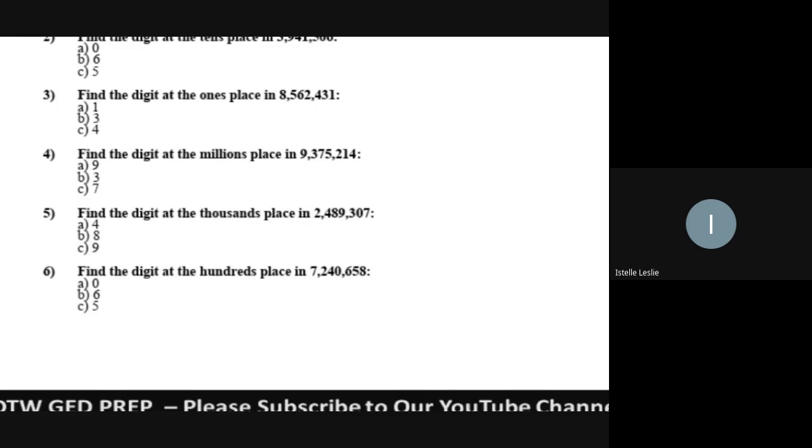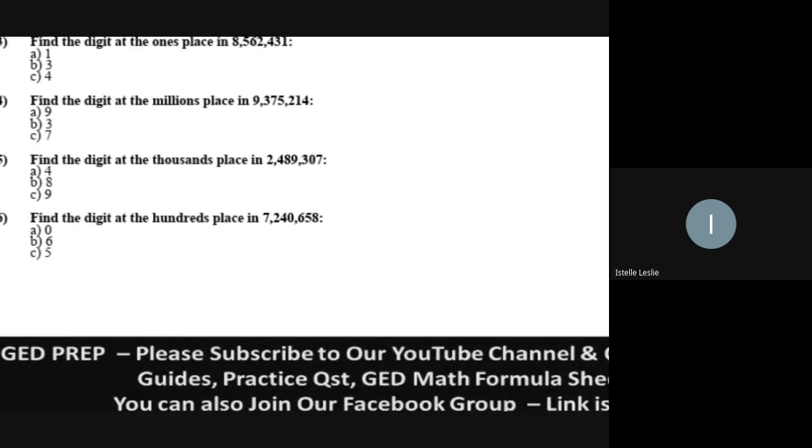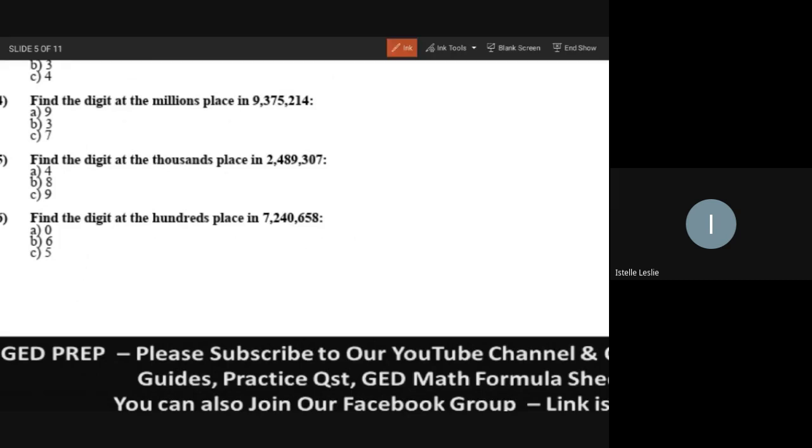So let's do it together. So we must remember what follows what in the place value from 1. So we have that this is the ones, this is the tens.